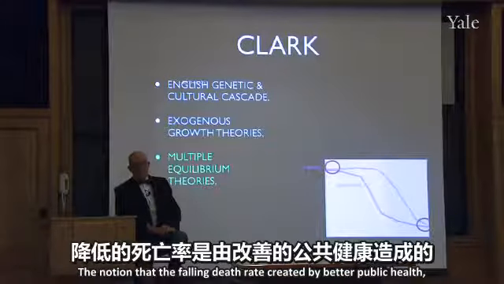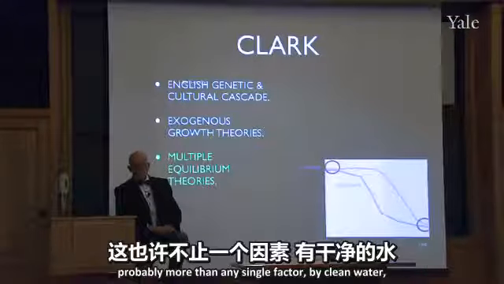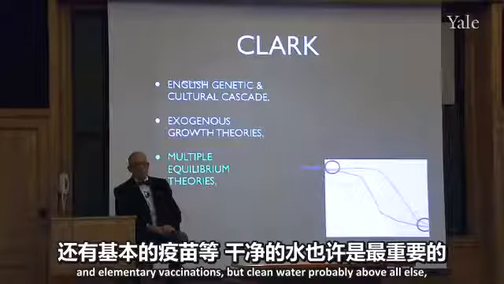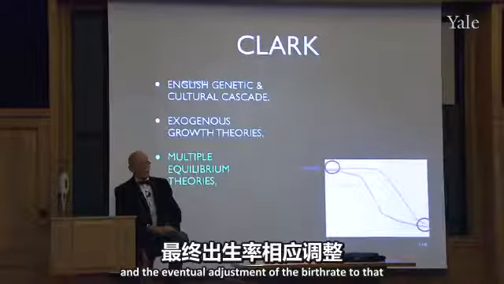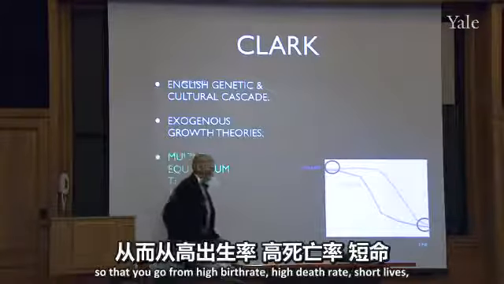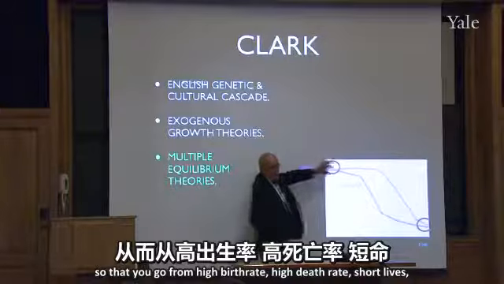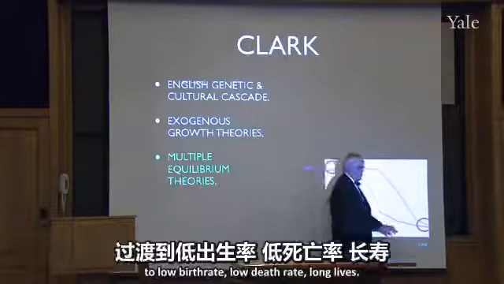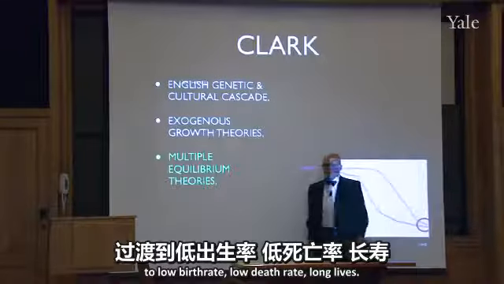The notion that the falling death rate created by better public health, probably more than any single factor by clean water, and elementary vaccinations, but clean water probably above all else. And the eventual adjustment of the birth rate to that, so that you go from high birth rate, high death rate, short lives, to low birth rate, low death rate, long lives.